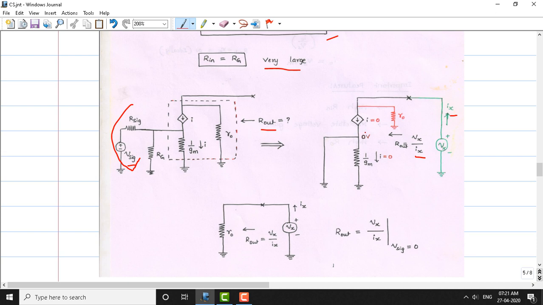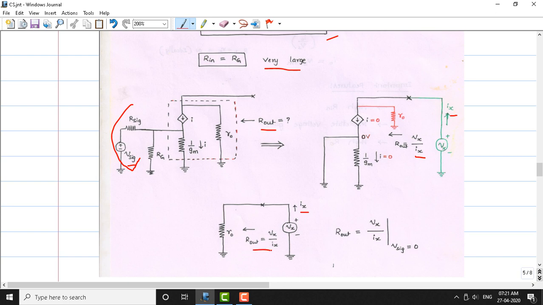So we have ground here, and the current flowing through the current source is gm times Vi. Since Vsignal is 0, Vi also becomes 0, so the current flowing through this will be 0. The remaining circuit has ro and a temporary voltage source Vx, and there is a current flowing because of this Vx.